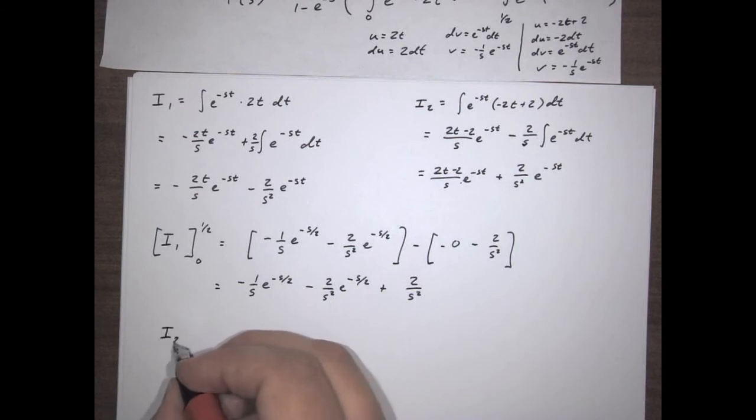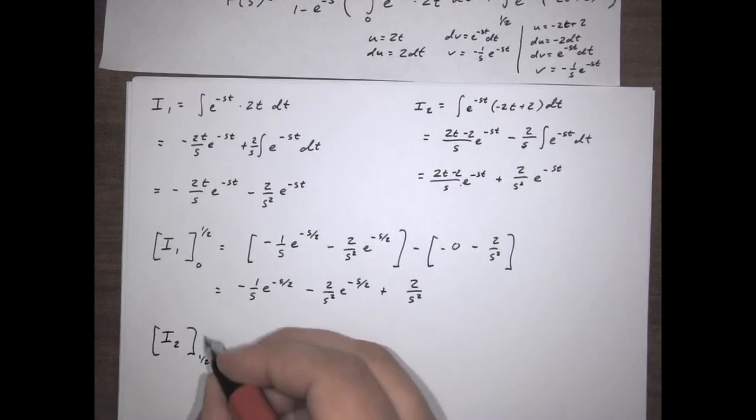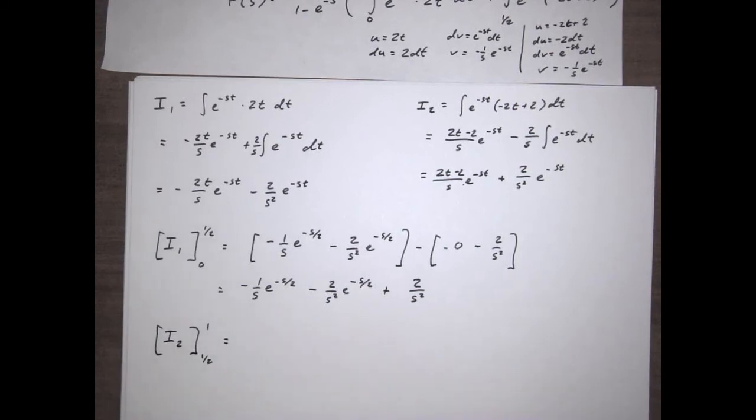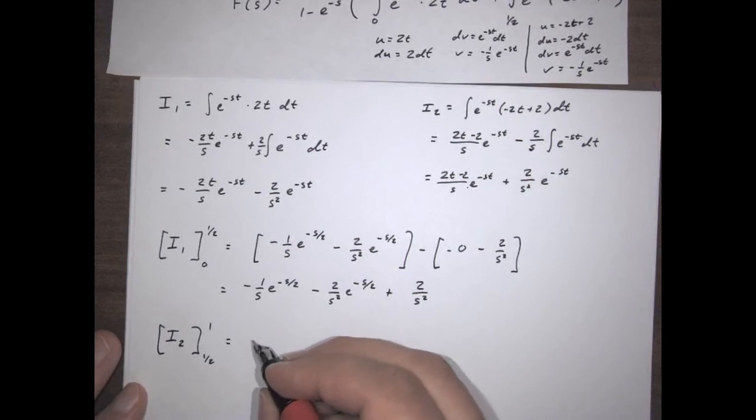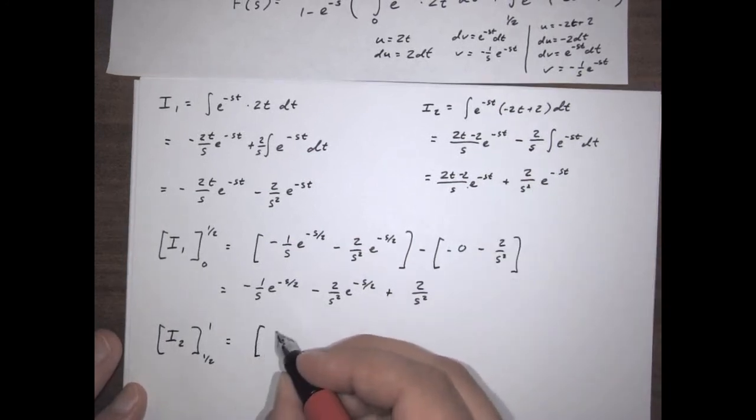Now for I2, from the bounds of 1/2 to 1, it's going to be 2t minus 2.